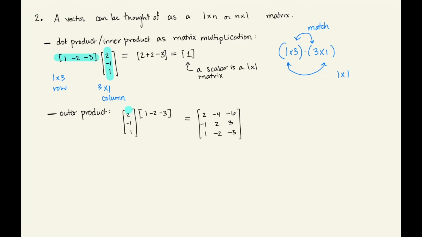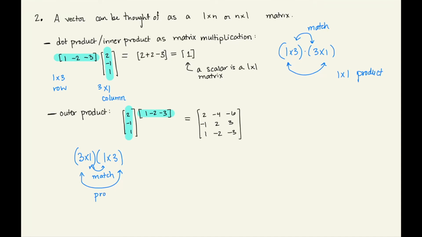So now I'm taking a column times a row, a 3 by 1 times a 1 by 3. My dimensionality rule tells me that these match, and therefore I can multiply them, and the product is going to be a 3 by 3, whereas before I had a 1 by 1 product.